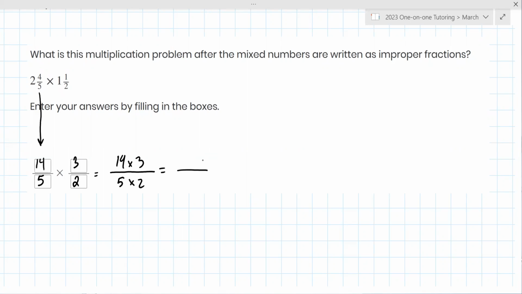Do you have either of those numbers for me? Yeah, I have 10 on the bottom, and then 42 on the top.